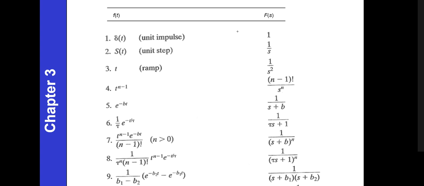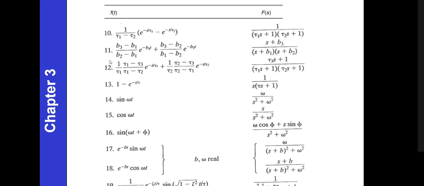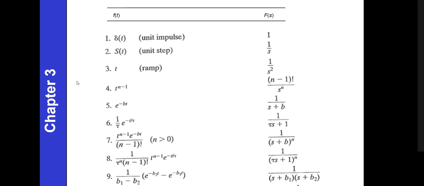So unit impulse is an impulse signal. So if you have a signal here, then this is your 0, this is your negative 1, this is your positive 1, then you have here negative infinity, this is positive infinity.